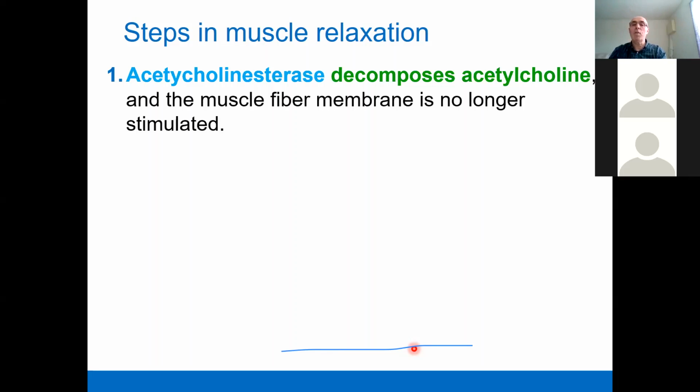But in order to end the contraction of muscle, we need to break down acetylcholine, in order to stop the action potential, okay? For that, we have acetylcholinesterase in our body, which breaks down acetylcholine and ends the process of muscle contraction, okay?